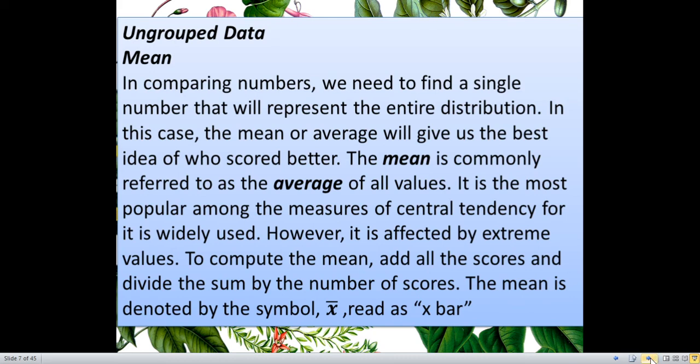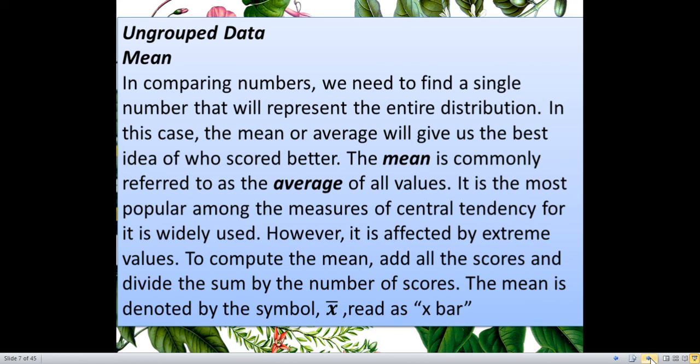But first, let us know what is mean. When we compare numbers, we need to find a single number that will represent the entire distribution or data. In this case, the mean or average will give us the best idea of who scored better.